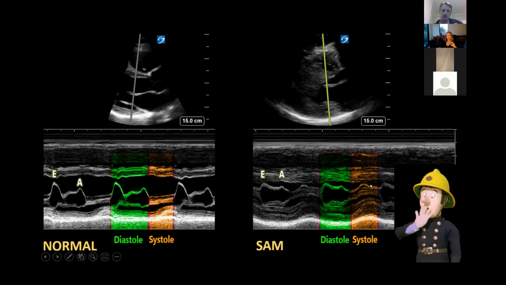And you also get what's called dynamic left ventricular outflow tract obstruction, which is where the outflow tract itself is closed off as that mitral valve leaflet is sucked into the outflow tract, causing some obstruction. And this, of course, contributes to your poor cardiac output, gives you the chest pain and all the other symptoms that you would expect. So this is what happens in HOCM.